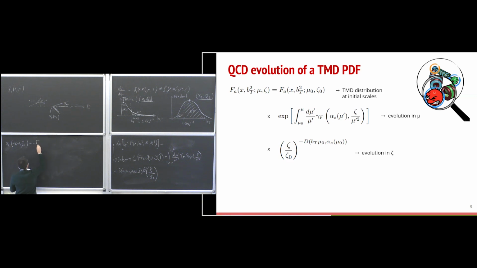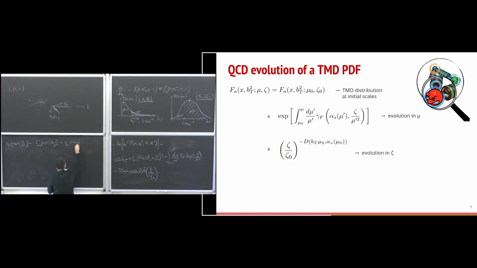It's minus the gamma cusp anomalous dimension, and then you have a log zeta divided by mu square. And then you have another term which is called the non-cusp anomalous dimension.